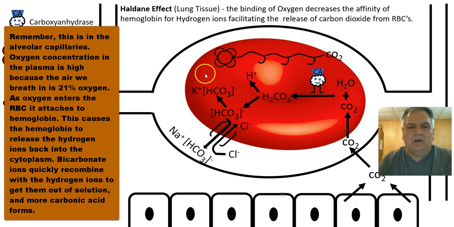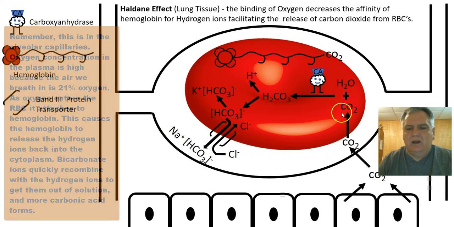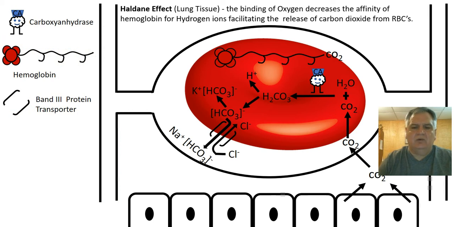So in the lungs, whenever we inhale, the actual flow of oxygen into the red blood cells, and as the oxygen starts to combine with the hemoglobin, it causes the hemoglobin to lose its ability to hold on to these hydrogen ions, and the hydrogen ions fall off, combine with the bicarbonate ions to form the carbonic acid, which then the carbonic anhydrase affects and causes it to split into water and carbon dioxide and keeps the flow of carbon dioxide going out of the cells.